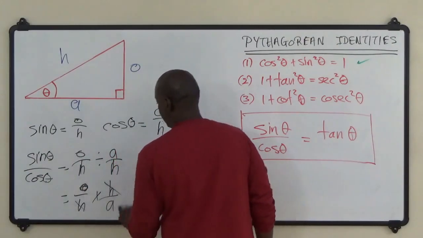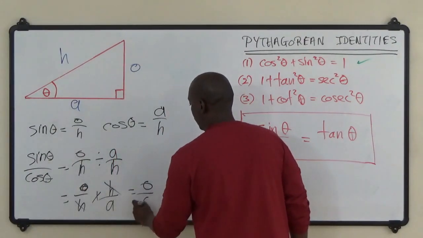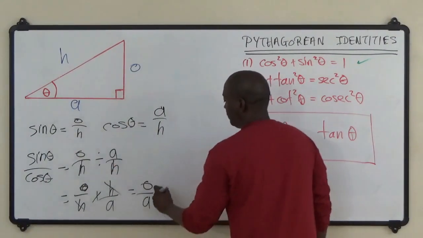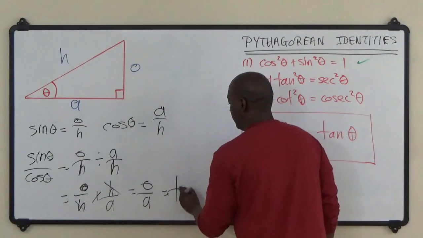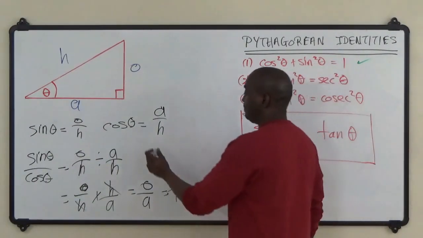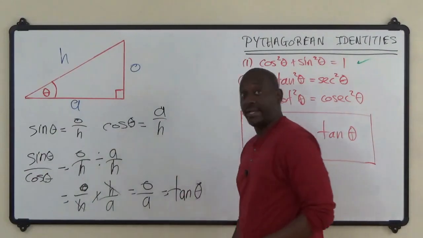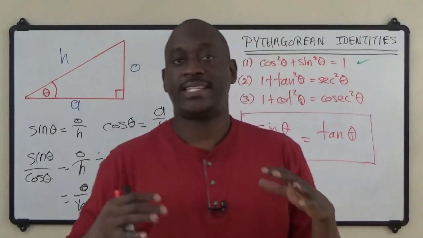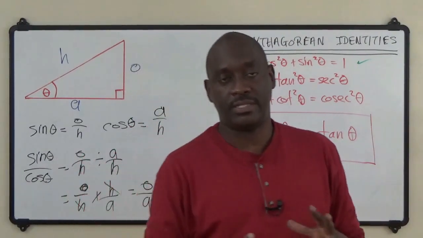We cancel the two h's and we get O over a, which we know is opposite over adjacent, better known as tan theta. All right? So if they ask you to prove, which they can do that, even though it doesn't explicitly say that in the syllabus.